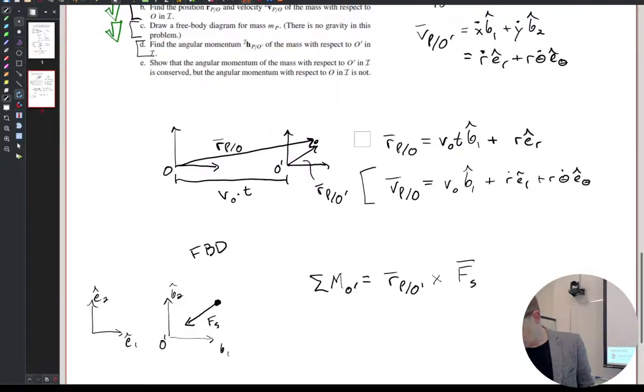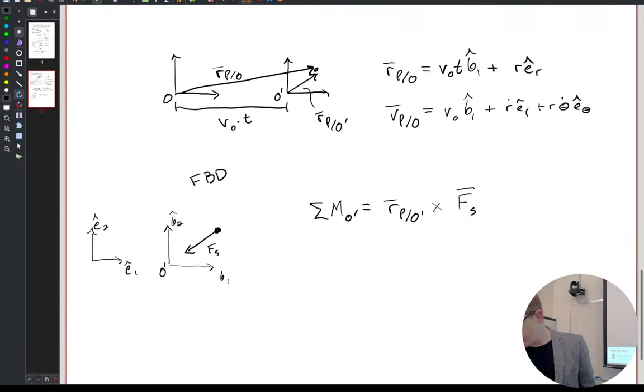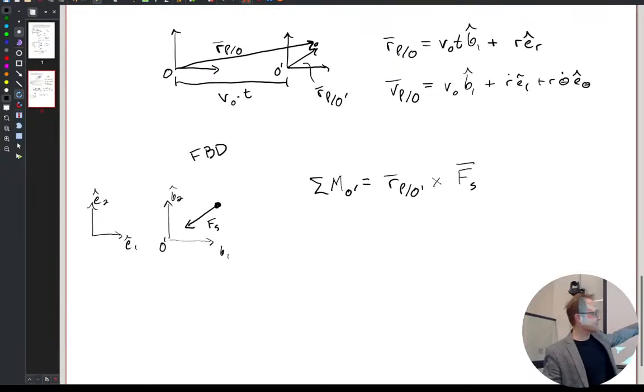Then we drew our free body diagram, which felt pretty simple, almost too simple, but that's okay, because that's the only real force that we were looking at, and it's the only force acting on that object.